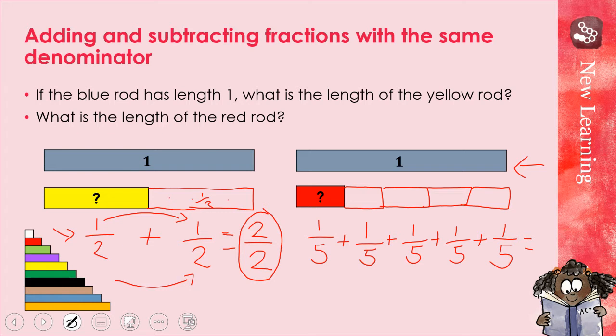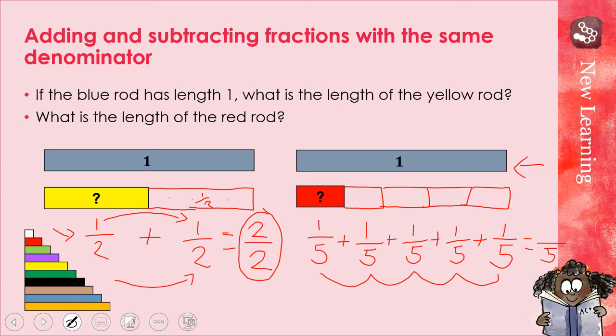It is exactly the same if I'm adding multiple fractions of the same denominator. So when adding fractions, we are not adding the denominators together. If the denominators are the same, which they are here, it stays the same in the answer. So my answer is going to be an amount of fifths.